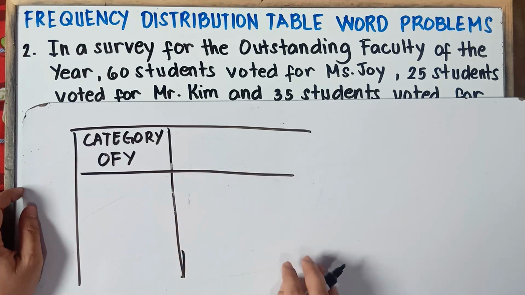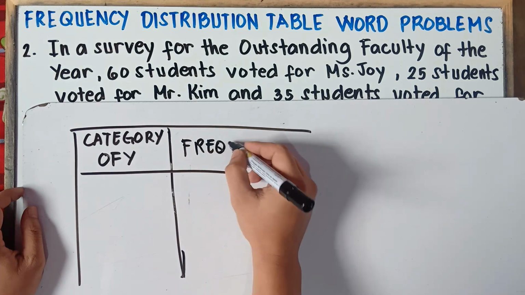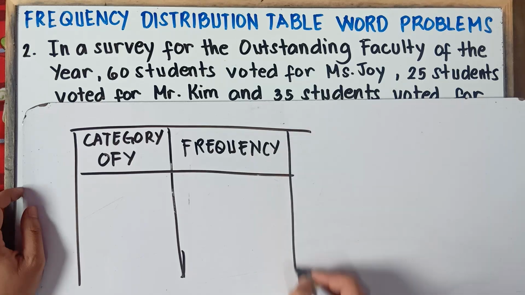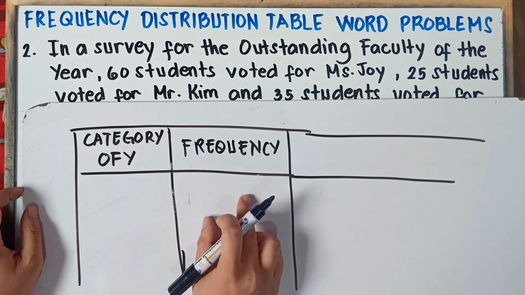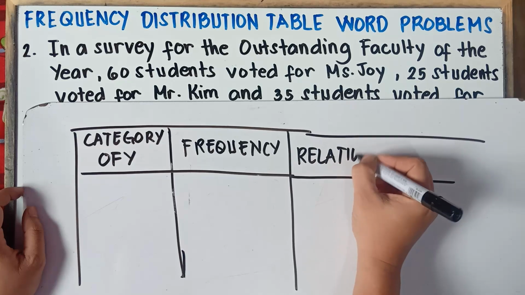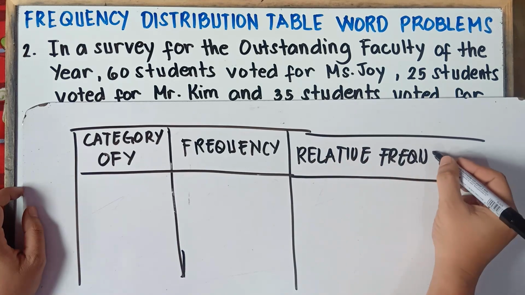Then our next column would be frequency. Let's have the rough sketch for our table, class, for you to be guided. So this is category, frequency. The next will be relative frequency, and the last one would be percentage.